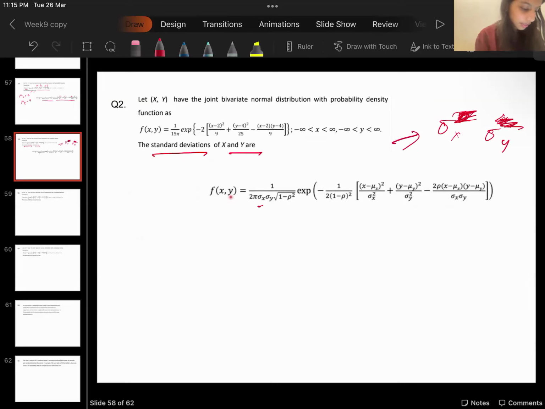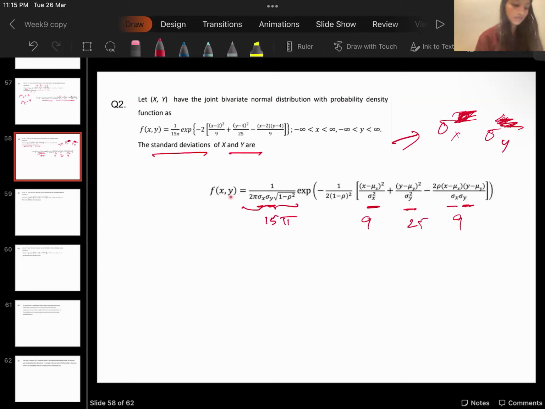And in your formula, you can see these values here. Sigma x is here, sigma y is here, and sigma square x is here, sigma square y. So we try to map what is given. Basically this is 9. This is 25. Again, this is also 9. And this whole term here is 15 pi.